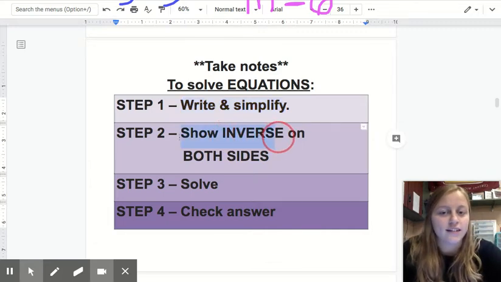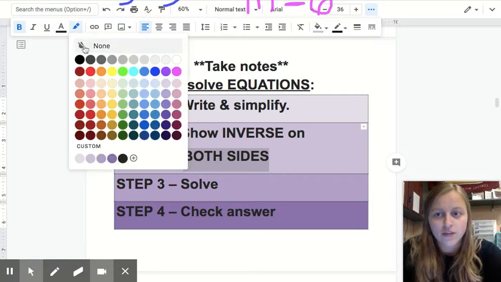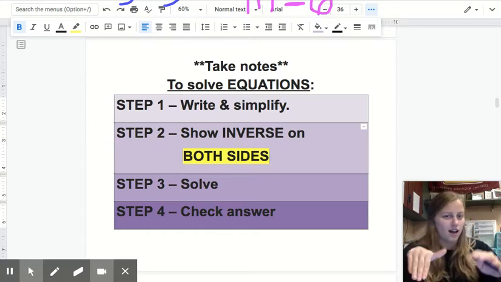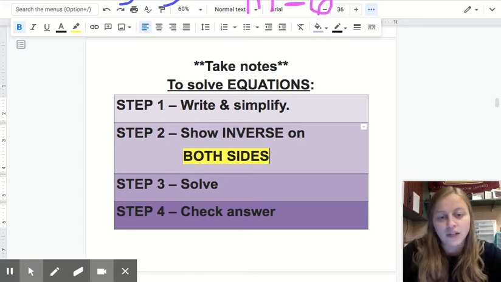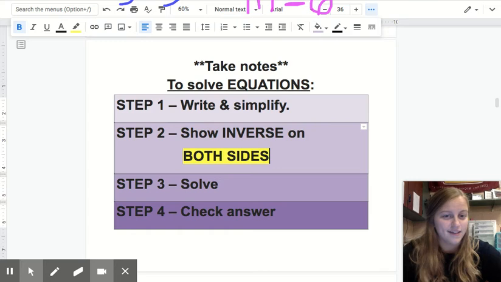Show inverse here, and it says on both sides. I'm going to even highlight both sides because that is so important. Again, showing the inverse on both sides. Solve it. Cancel out what you got to cancel out. Solve what you got to solve. And then last but not least, we can check our answer by plugging our answer back into the original question and seeing if they match.